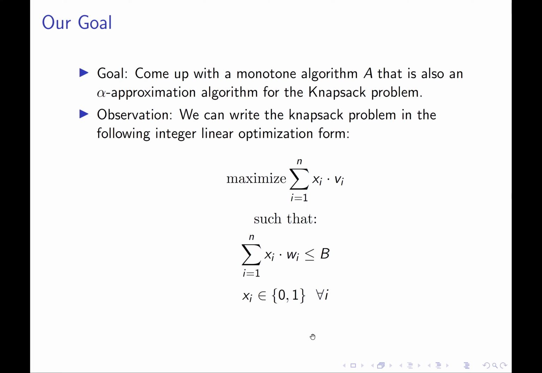Here's a way to write down an optimization problem that is exactly our knapsack problem, except I'm writing it in terms of a linear objective function and linear constraints. We want to solve a constrained optimization problem over a set of n variables. The n variables here are these xi values, which are each going to take value either 0 or 1.